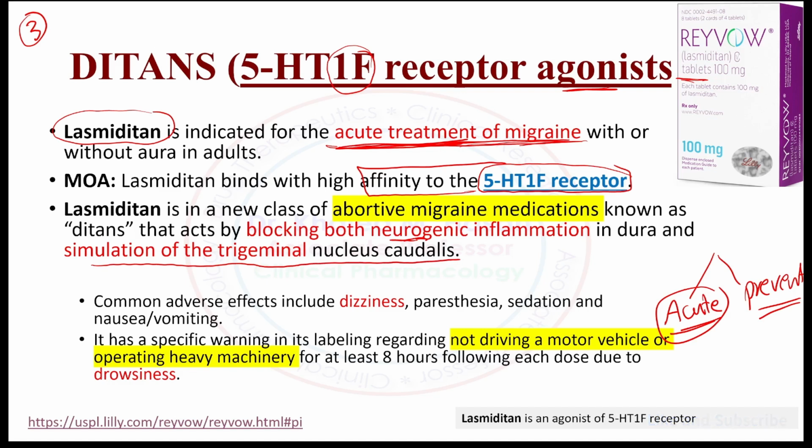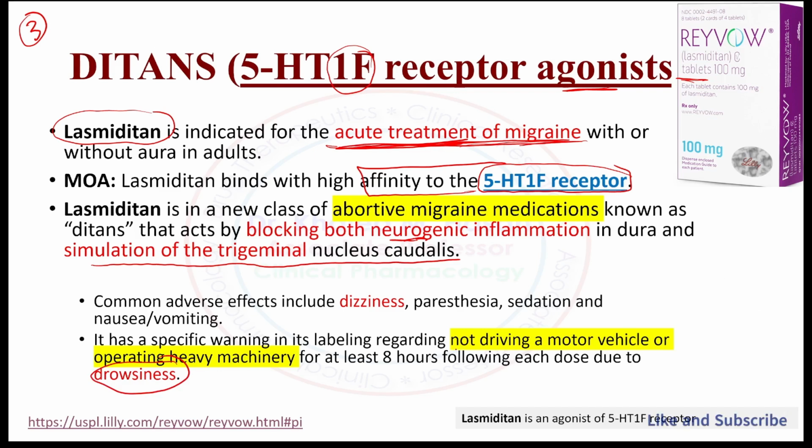Any side effects from this medication? Because it provides a selective effect, they said this medication may cause drowsiness. It is not recommended for people who are driving a motor vehicle or operating heavy machinery.